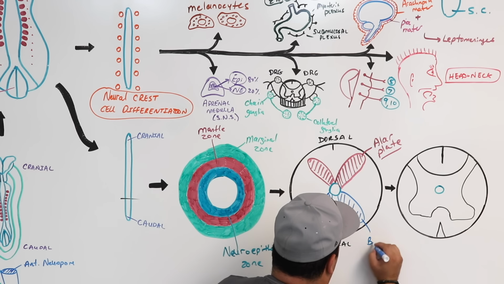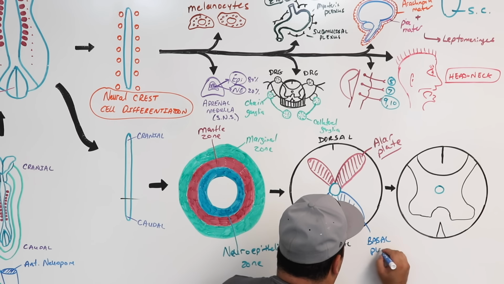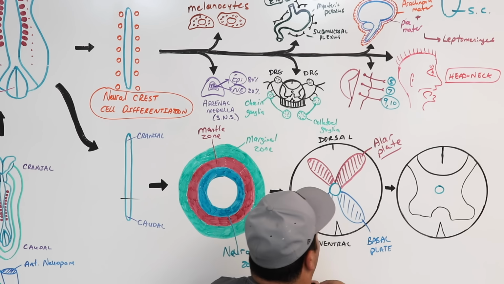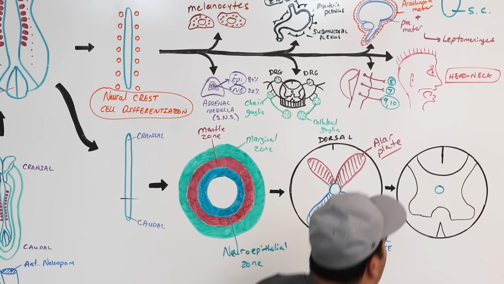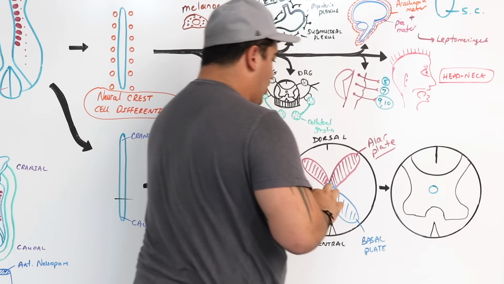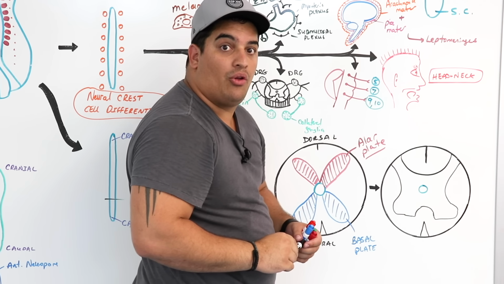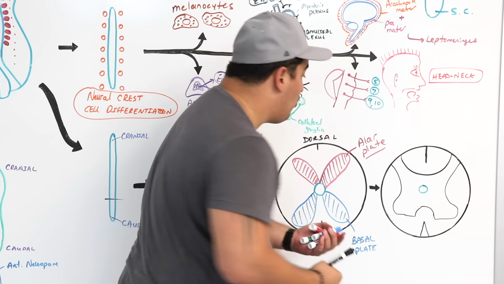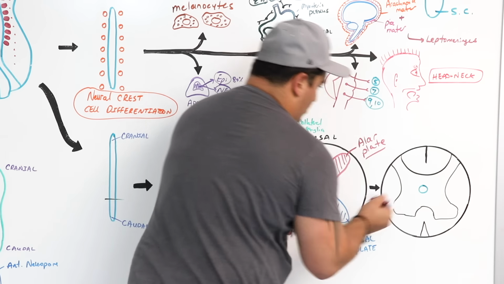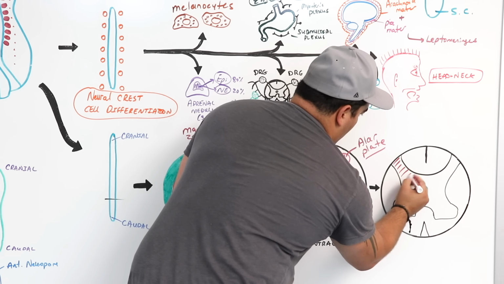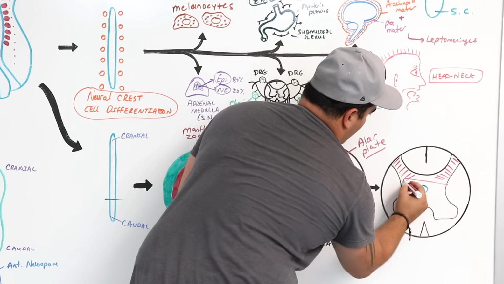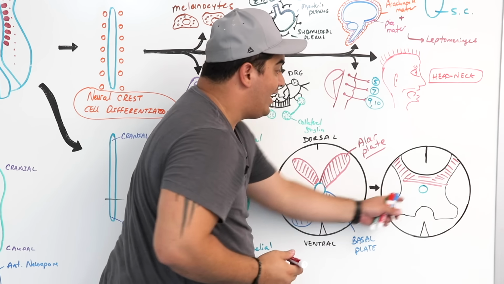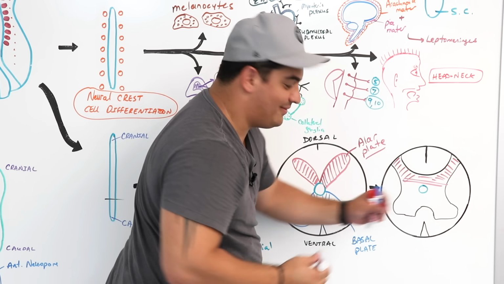Why is this important? Because what eventually happens is your alar plate is going to start looking like something very similar. What is this thing here? Well, if you remember, this is called the posterior gray horn, extending from that neural tube.